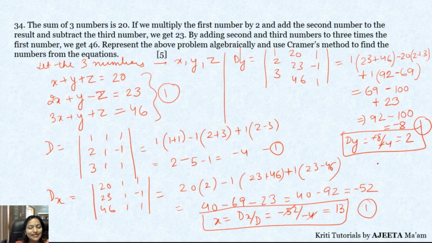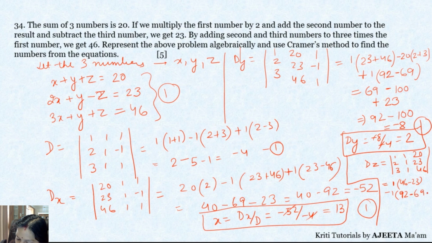Now we have to calculate dz in a similar way. So let's calculate dz. So dz will be what? 1, 2, 3, 1, 1, 1, 20, 23, and 46. So what do you get here? dz. Let's calculate 1, 46 minus 23, minus 1, 92 minus 69, and then plus 1.